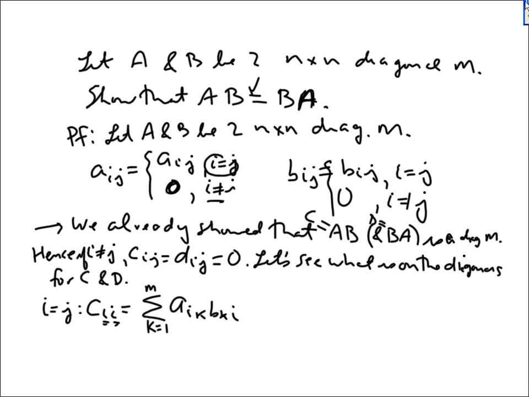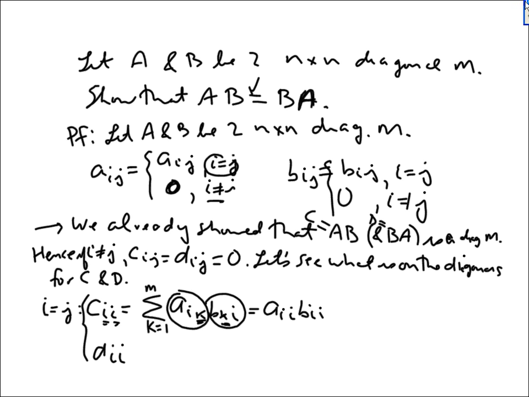But now, most times, this is 0, except when k is i. So this is nothing more than Aii, Bii. Now we can continue here and conclude what we want, but let's slow it down. Let's do it in 2 steps.